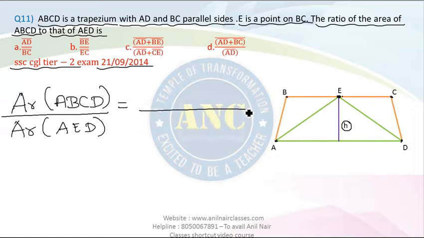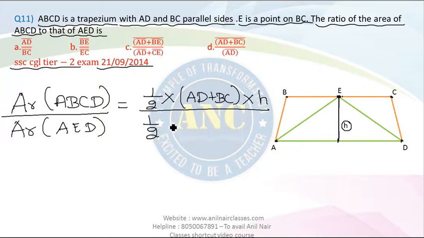Now can I say that the area of the quadrilateral is half into the sum of the parallel sides? Parallel sides are nothing but AD and BC, so it is AD plus BC, into the perpendicular distance between the parallel sides, which is the height H. What is the area of triangle AED, the green color triangle?